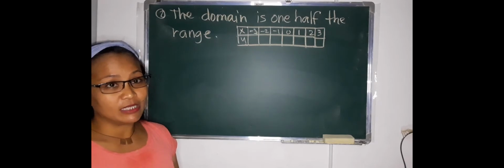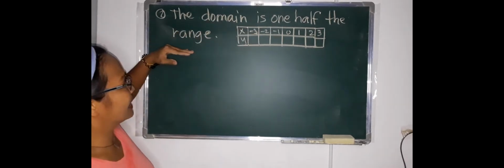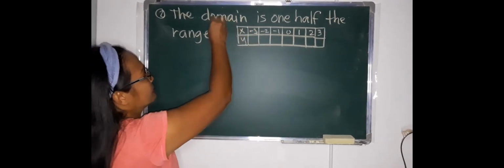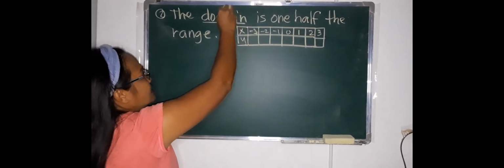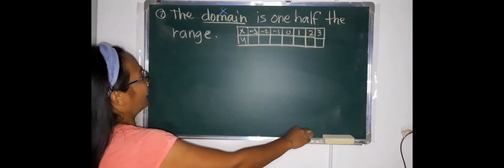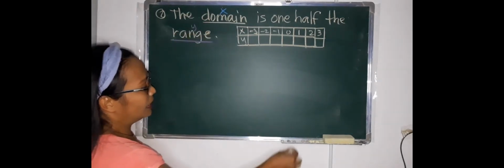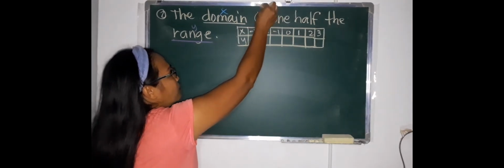Okay, so for example number 2, we have here the domain is 1/2 the range. So, pag sinabi nating domain, ito ay yung x. And of course, ang range ay y. And of course, the word is equal.